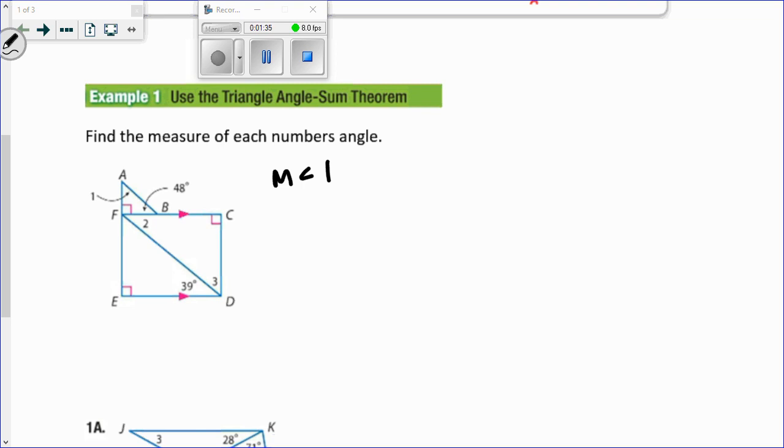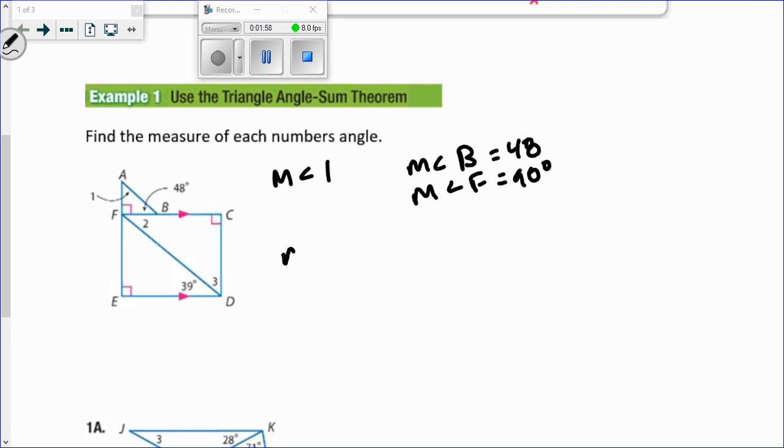Angle F in that triangle is a right angle, 90 degrees. So all three of these angles should add to 180.